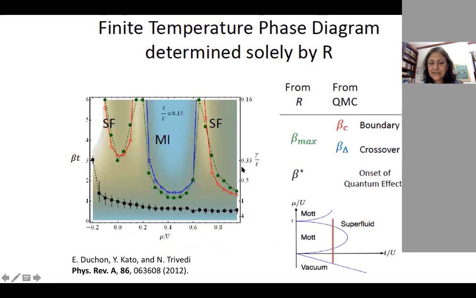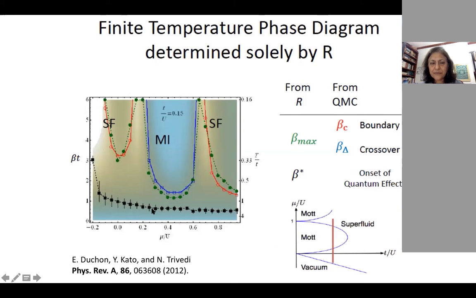And then using just that R object, the compressibility normalized by local fluctuations, you can map out these phase boundaries. And it's rather remarkable. You can map it out from the Monte Carlo using rho s and gaps, and you can map it out using this R quantity.